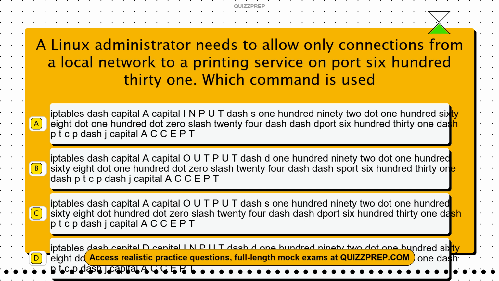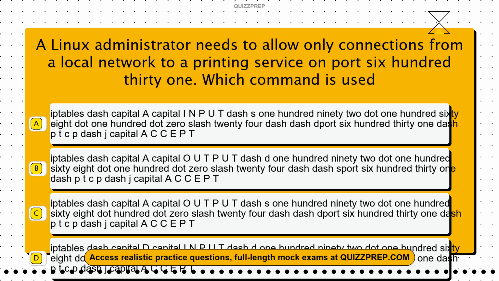Option A, iptables -s 192.168.100.0/24 --port 631 -p tcp -j accept. Option B, iptables --output -d 192.168.100.0/24 --sport 631 -p tcp -j accept.